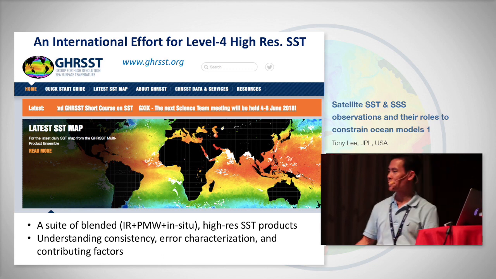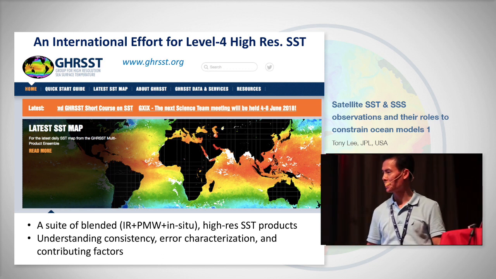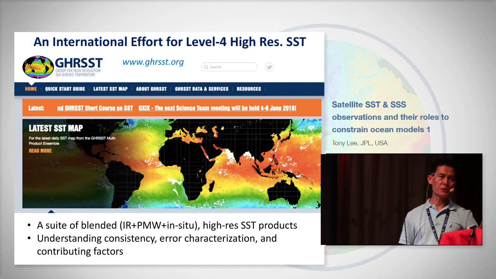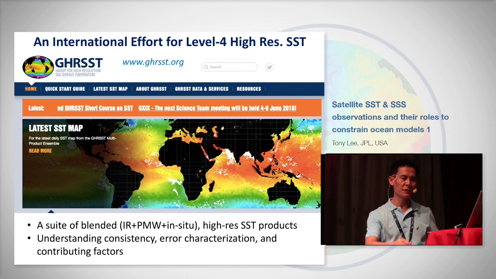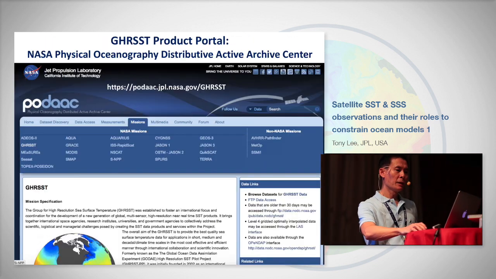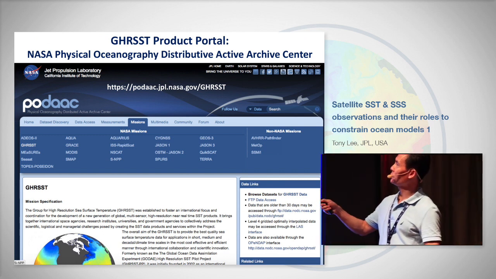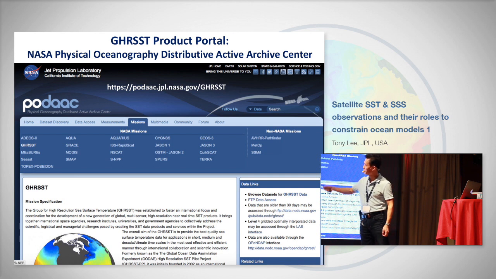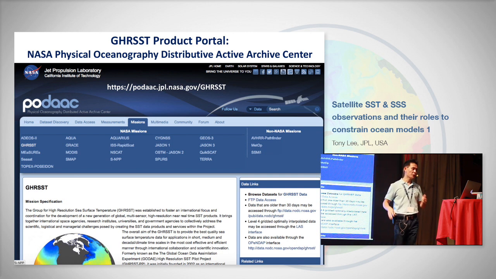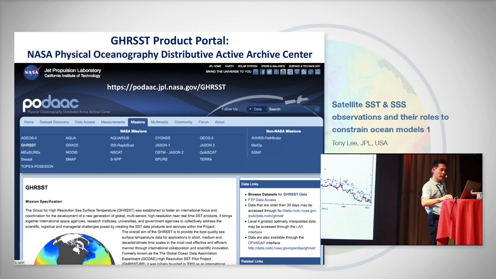So it's really helpful for understanding the consistency and error characterization, as well as the factors contributing to the differences. This data can be downloaded from the NASA Physical Oceanography DAAC at JPL, PODAAC. If you want to know about the tools and different ways to download the data and do analysis online, I will show you separately.